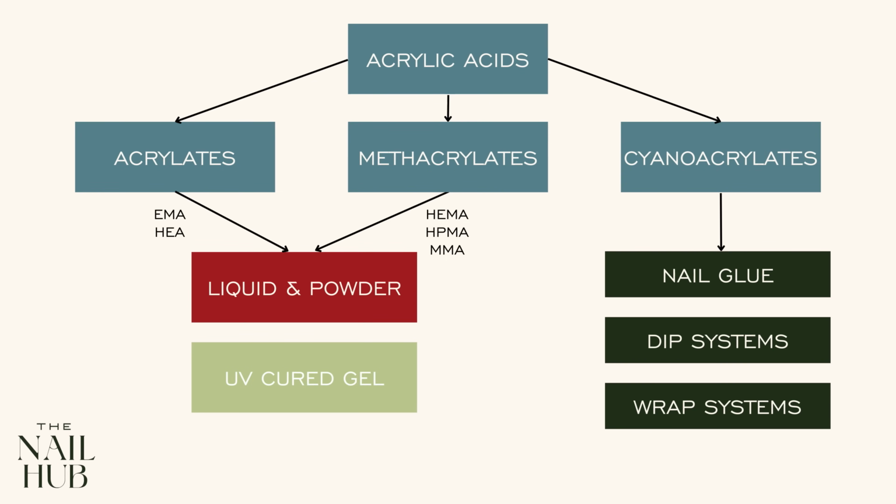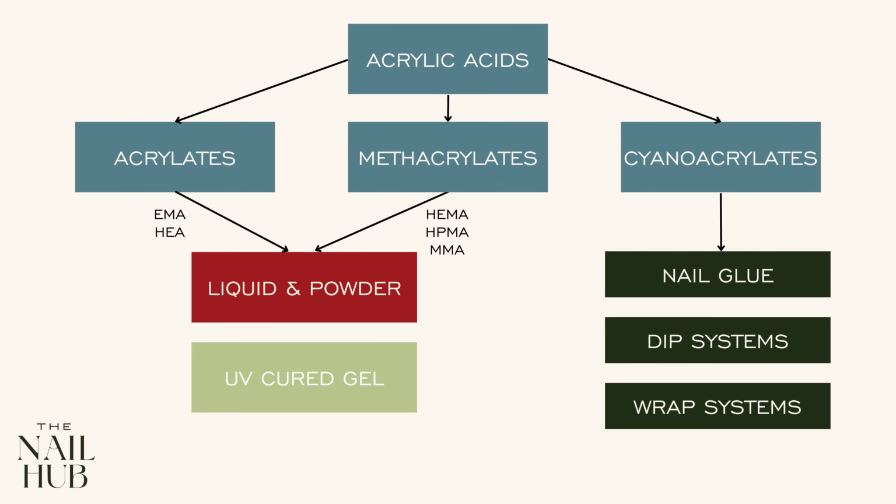As I mentioned, when we're talking about acrylates and methacrylates, this is where we start to see HEMA pop up. But there's other acrylates and methacrylates that are very common in our nail products. If we look at the liquid used for liquid and powder nails, or acrylic nails, you'll often see EMA, ethyl methacrylate, as the main component of that monomer liquid. Back in the day, it used to be more common to see MMA, which is methyl methacrylate.